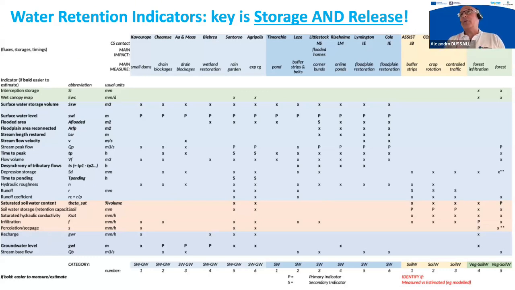Because if you think of a flood, and these are sponge measures for floods and droughts, if you think for a flood, no matter how much storage you have, for example, in a wetland, if it's filled up in a storm and it doesn't drain to a certain level of capacity before the next storm, then that storage is not very useful from a sponge function point of view. It's not dynamic storage. We need dynamic storage. So it's storage, but also release. And you can think of similar examples for soil and other systems.